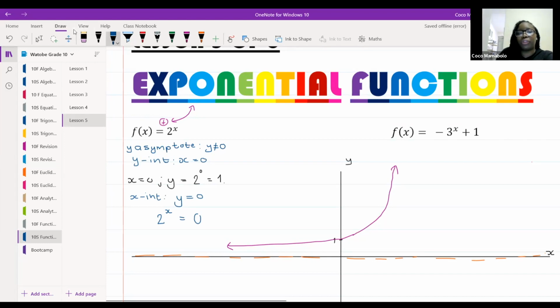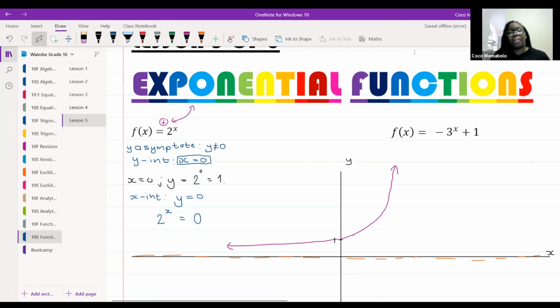Zoluga, when we look for the y-intercept, x must equal 0. That's why we've made x 0. Tiana, if I put 2 to the power of 0, I'm going to get 1 and not 0. Amber says nothing, and I agree with Amber.